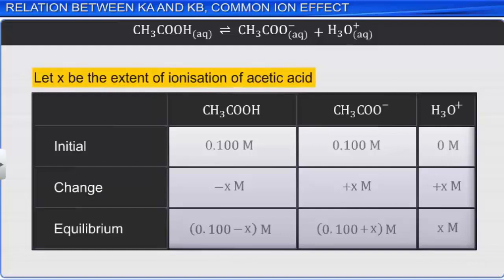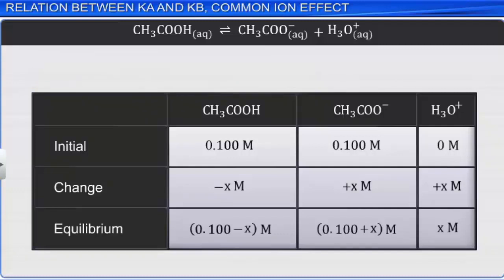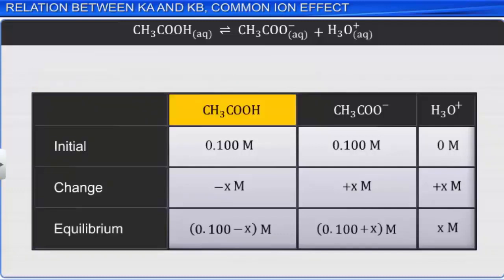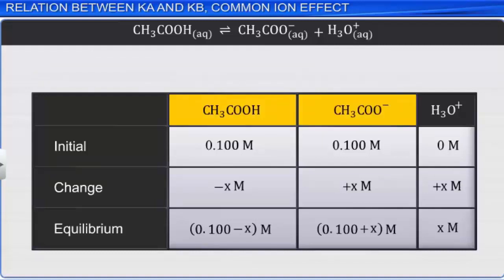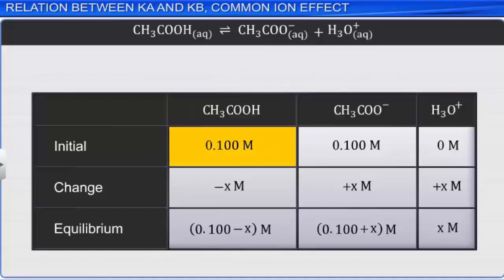Let x be the extent of ionization of acetic acid. The initial concentrations of CH3COOH, CH3COO minus and H3O plus are 0.1, 0.1 and 0 moles respectively.